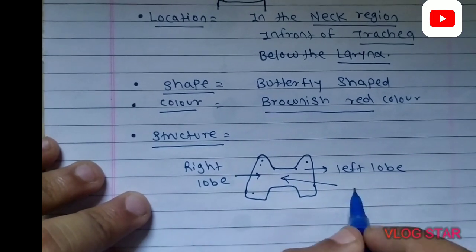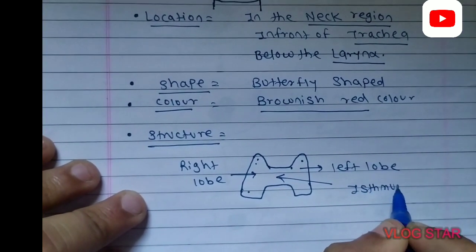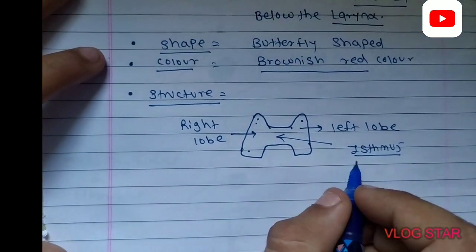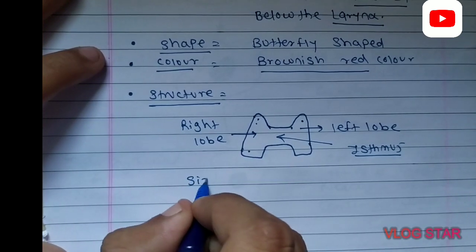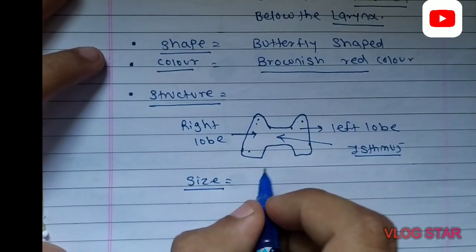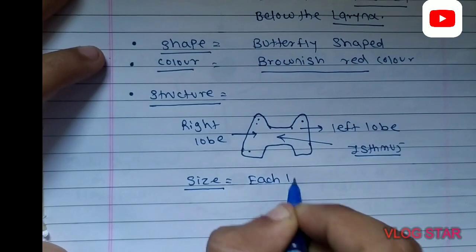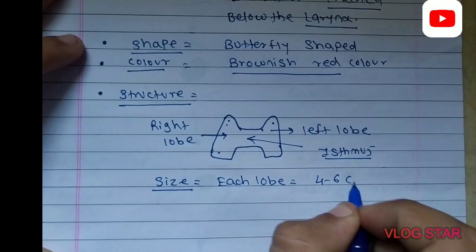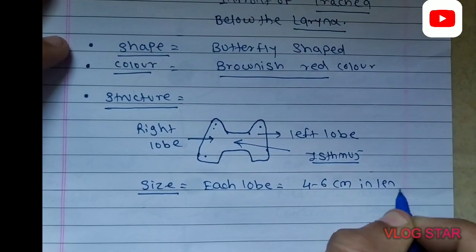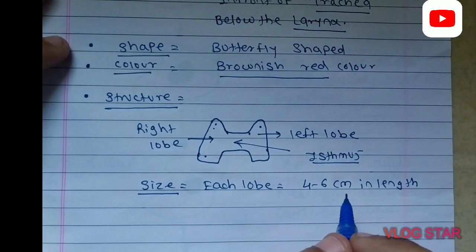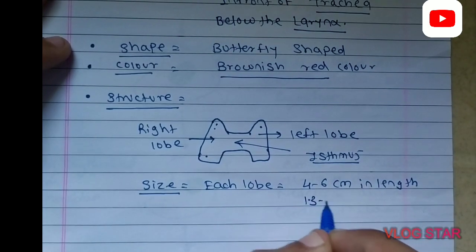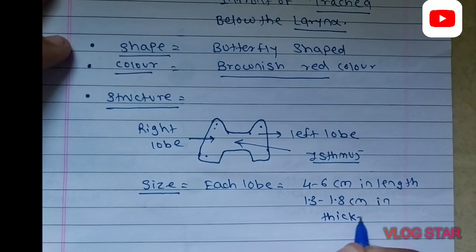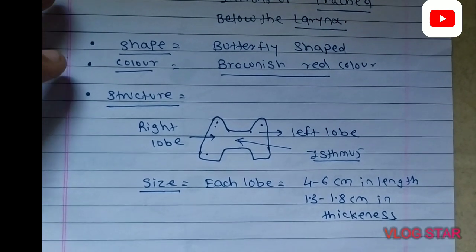This is the isthmus. So what is the size of the thyroid gland? Each lobe is about 4 to 6 centimeter in length and 1.3 to 1.8 centimeter in thickness.